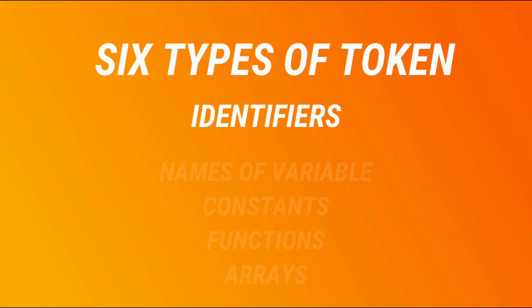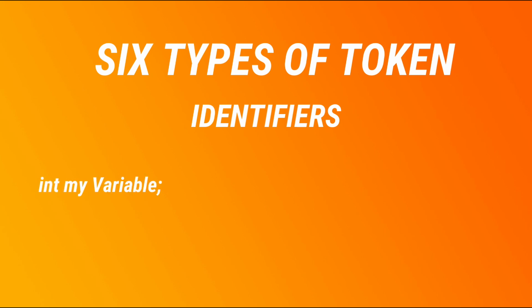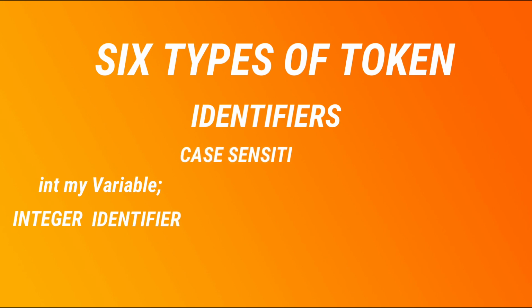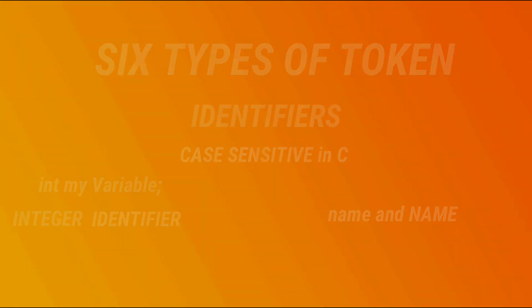Take an example like int myvariable. Here int is your integer and myvariable is your identifier, which represents an integer variable. And one more thing, it is case sensitive in C, so name in small case and NAME in upper case are two different identifiers.